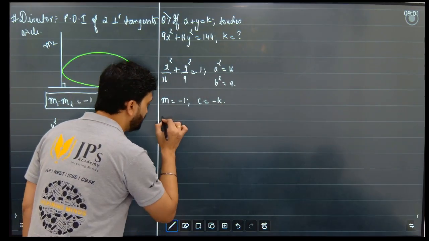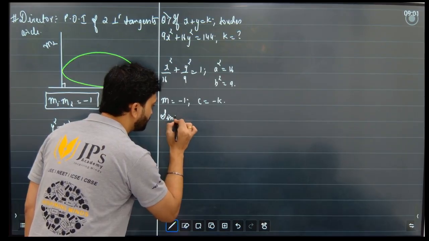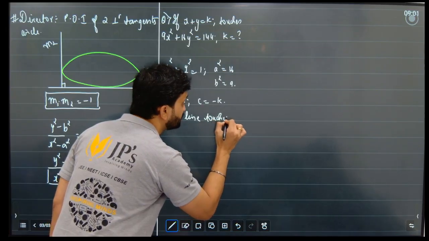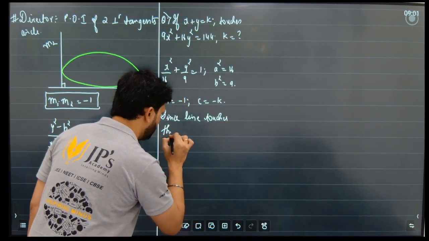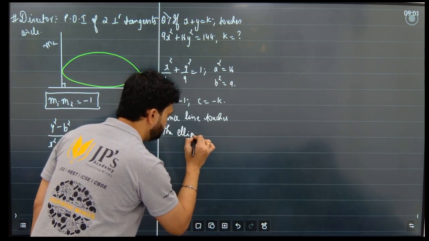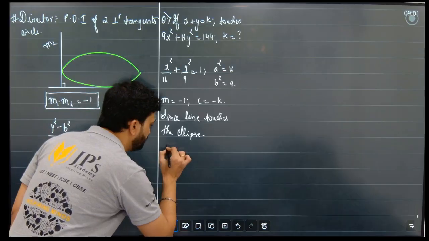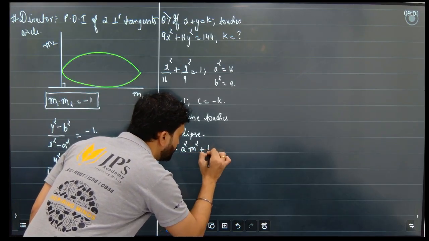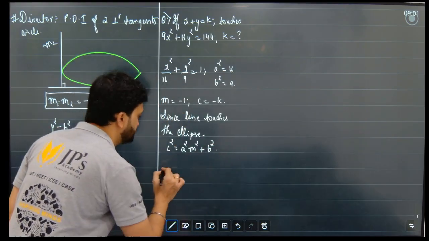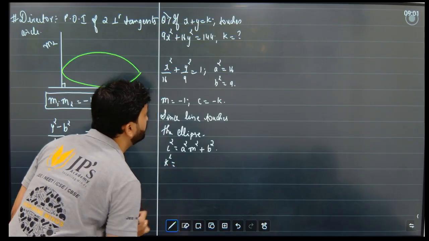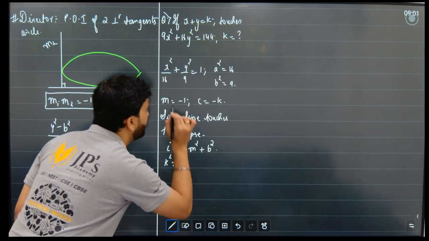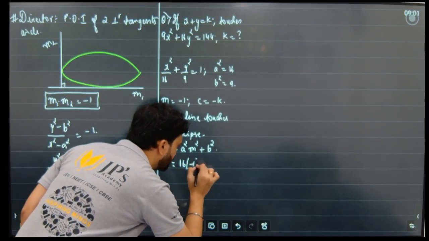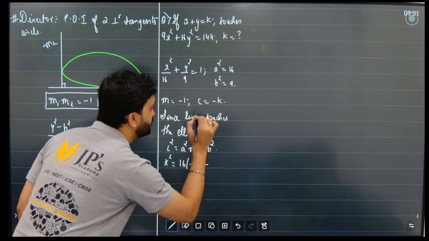And then I will write, since the line touches the ellipse, c square is equal to a square m square plus b square. So k square is equal to a square (16), m is minus 1, plus b square which is 9.